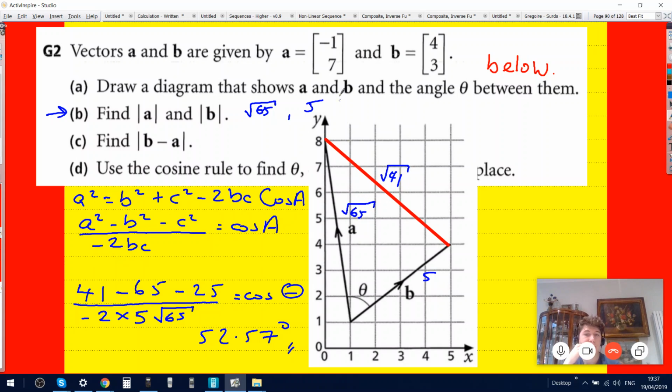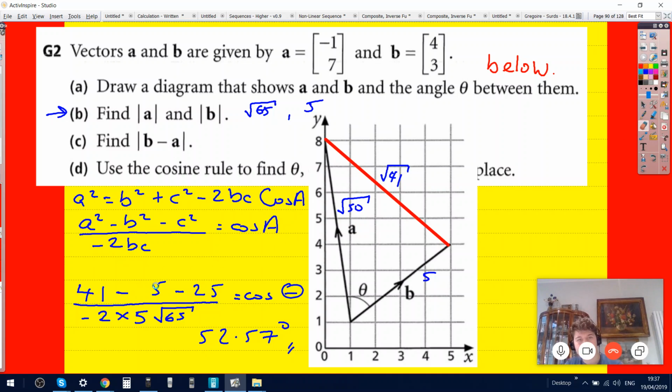Did I do it wrong? Yeah, it should be root 50. 1 squared plus 7 squared. Oh, I must have done 8 squared. 5 root 2, or root 50, same thing. Okay. So that's alright.